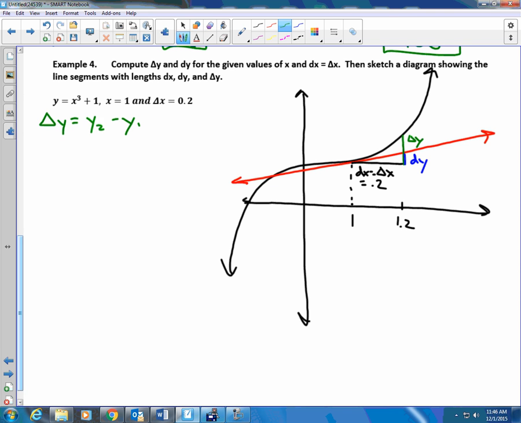How do I calculate the second y value? What do I plug in? 1.2. So 1.2 to the third plus 1, minus, how do I calculate y1? Plug in 1. So that'll be 1 to the third plus 1.